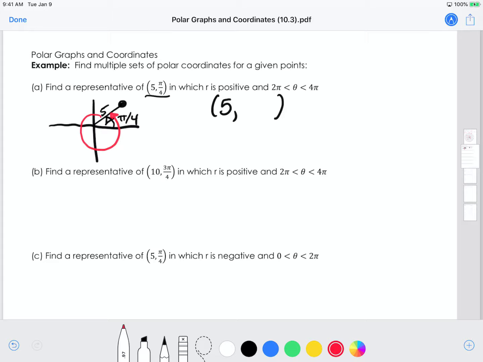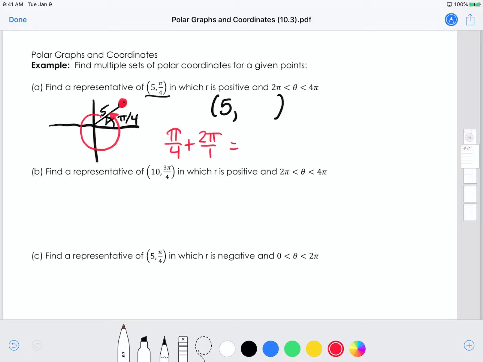So what I'm going to do is take pi over 4 and add a full rotation to this. That way my angle will be different, and it will be an angle between 2 pi and 4 pi because it's on the second rotation, but it still lands in the same spot if I come out 5 units. So I'm just going to add 2 pi to pi over 4.